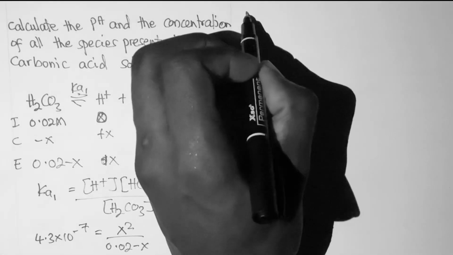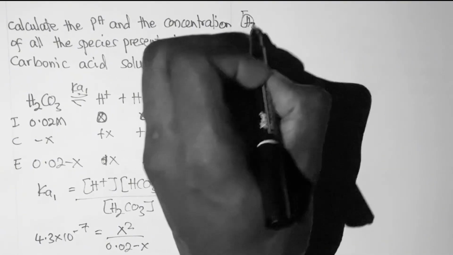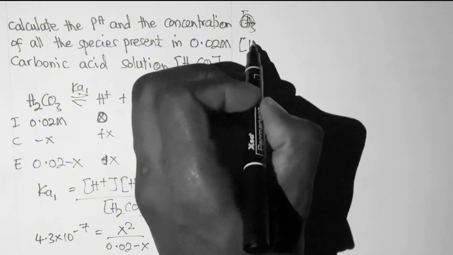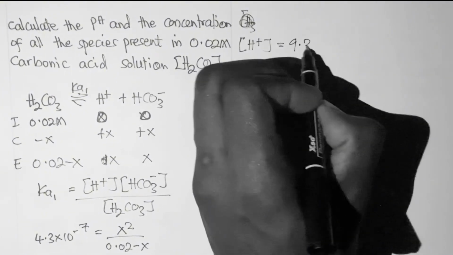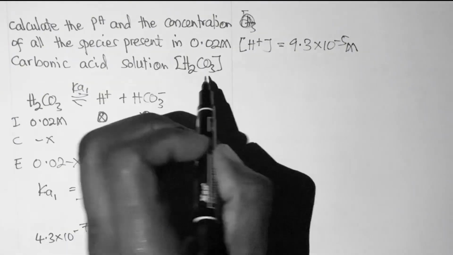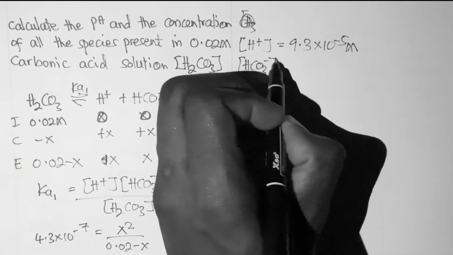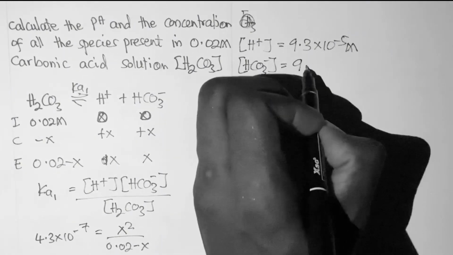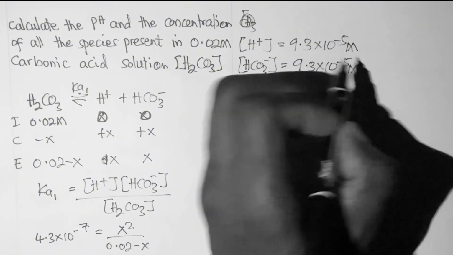So this implies that the concentration of H plus ions is equal to 9.3 times 10 exponent minus 5 molar, and the concentration of HCO3 minus ions is also equal to 9.3 times 10 exponent minus 5 molar.